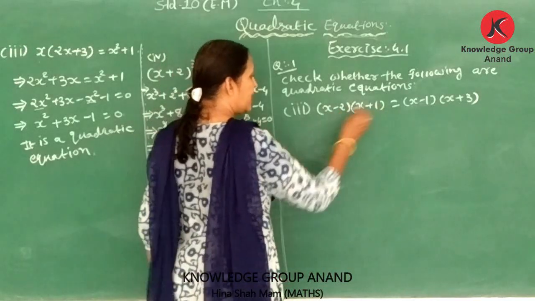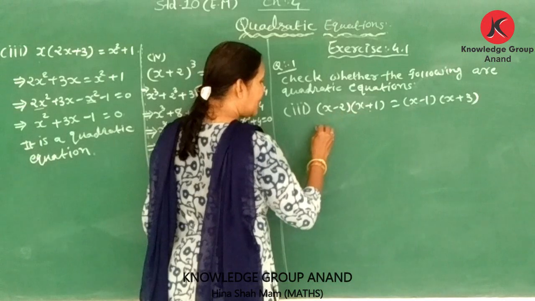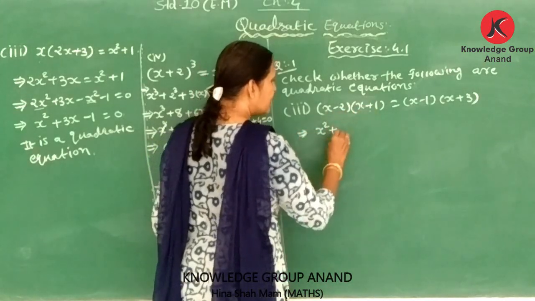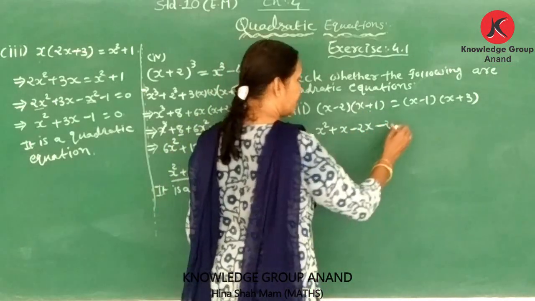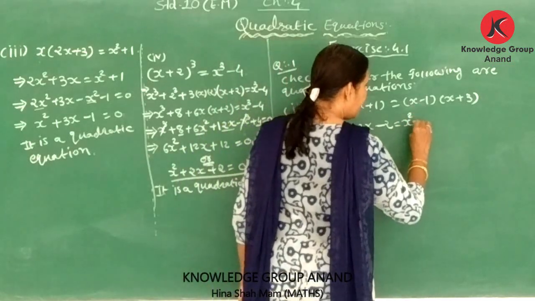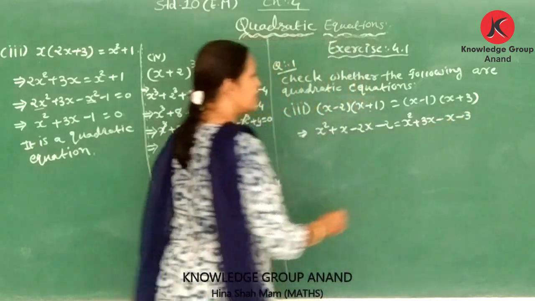Now, x minus 2, x plus 1, multiplication of both brackets: x square plus x minus 2x minus 2 ones are 2, equals to x square plus 3x minus x minus 3.